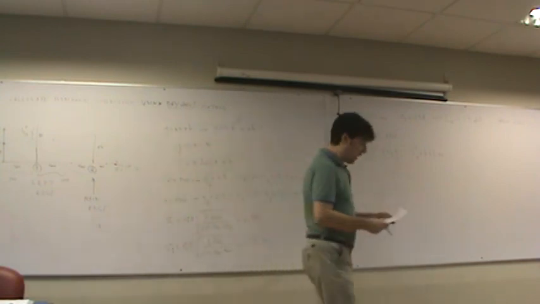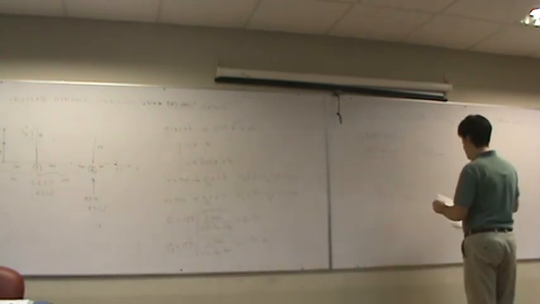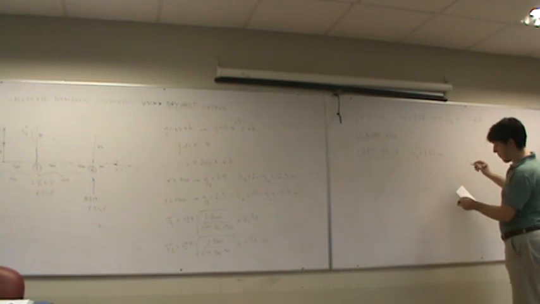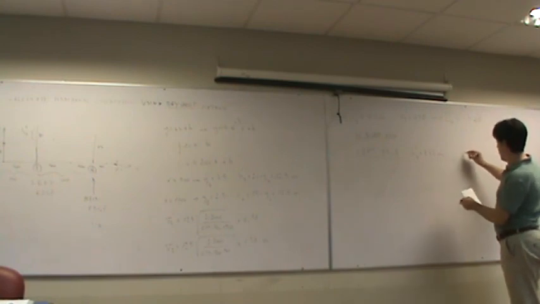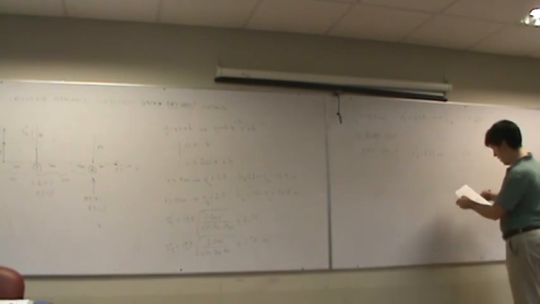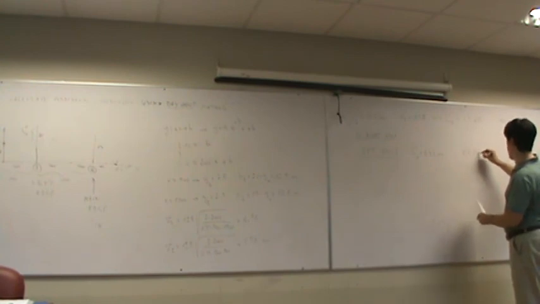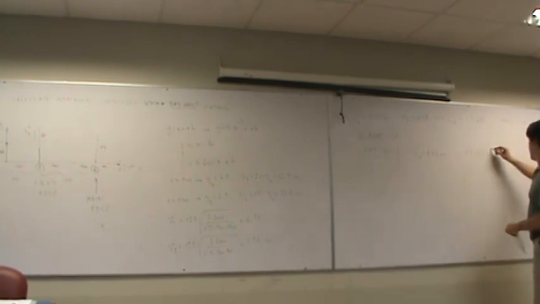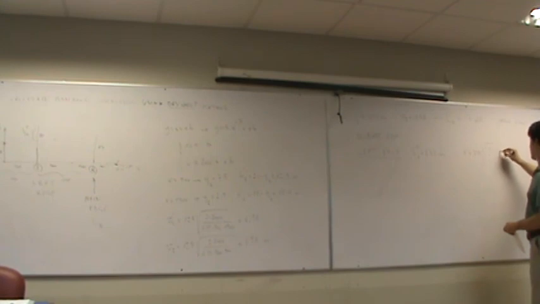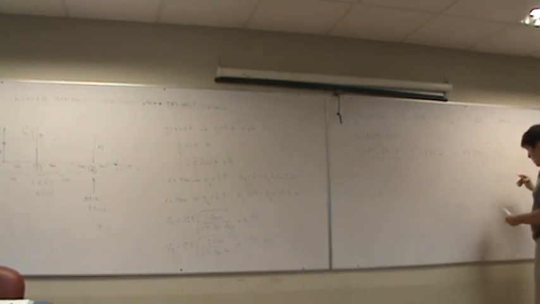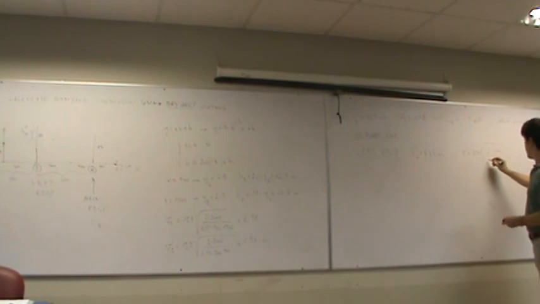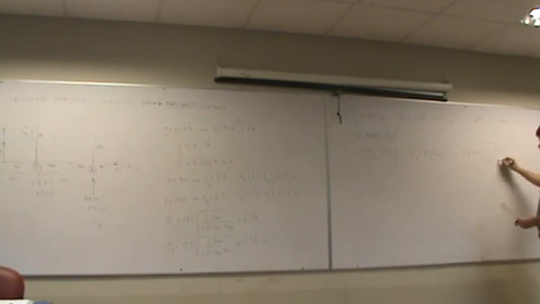We already calculated that, but let me remind you that what we find is v equals h times the square root of 2 divided by lambda times 0.333 times 500 times 1,000.